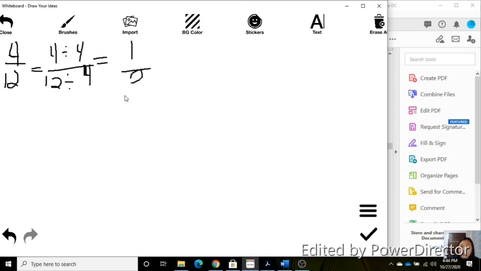Diba, same lang, proportion siya. So, natin sa 5 over 15, we have 1 over 3 there. 7 over 21, same lang.